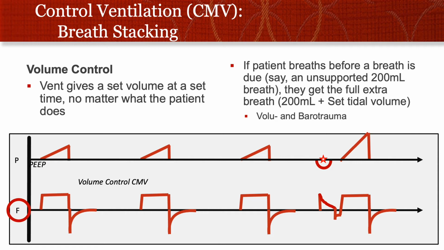And if the patient takes a breath before that breath is due, say they take a 200 ml breath right before the vent is due to deliver a breath, the vent simply doesn't care. The patient pulls their negative pressure, they get a decelerating flow just like you and I would breathe physiologically, and then the vent says, oh, it's time to give you 500 mils, and it will give you 500 mils no matter how inflated your lungs already are, and that means that the pressure is going to go up and your volume is going to go up.